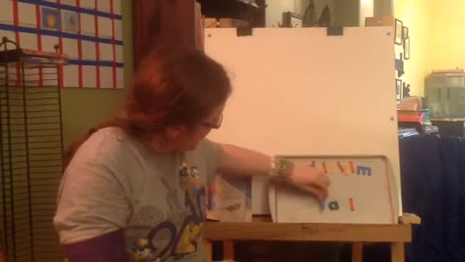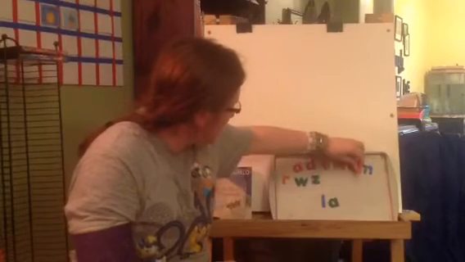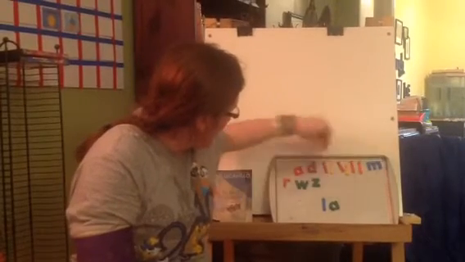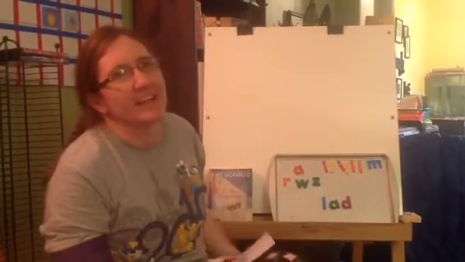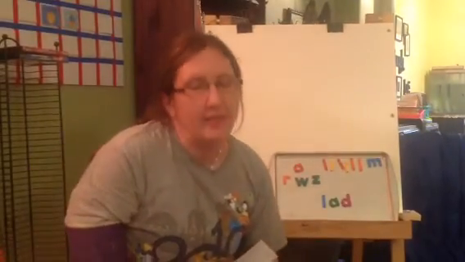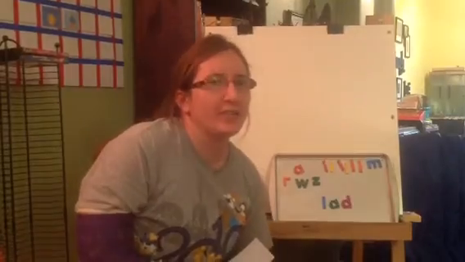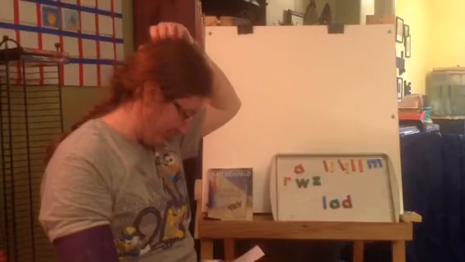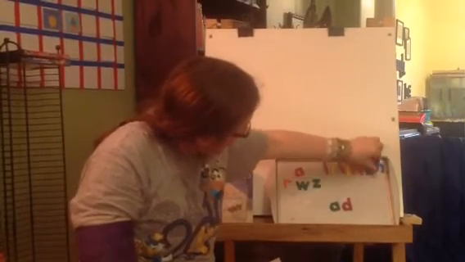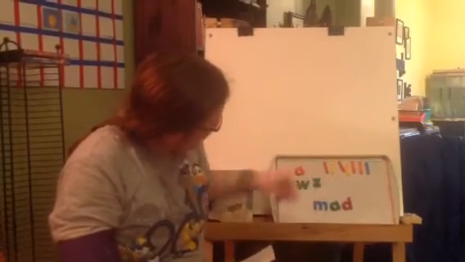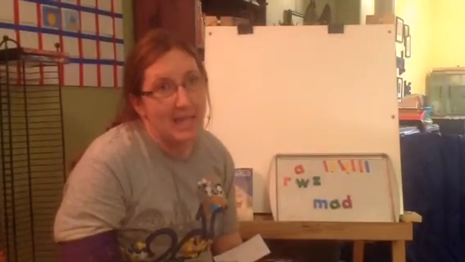Then I'm going to move one of my L's to the front, get rid of my other L, and I'm going to add a D to make the word lad. A lad is another word for a boy. If you don't have lad, add it to your list. I'm going to trade my L for an M and make the word mad.